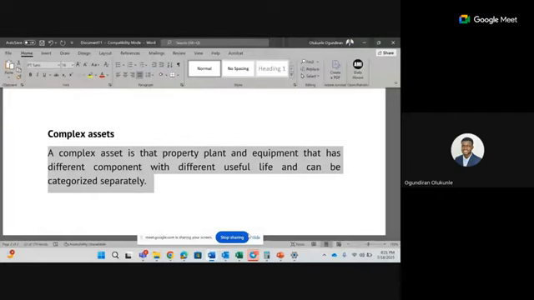So we have an aircraft, for instance. The body has a useful life of 20 years. The engine has a useful life of 10 years, right? So that becomes a complex asset because it will be wrong for us to put all of them together and then just compute all of them together as one asset, right?